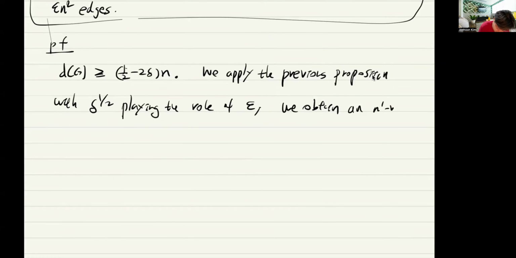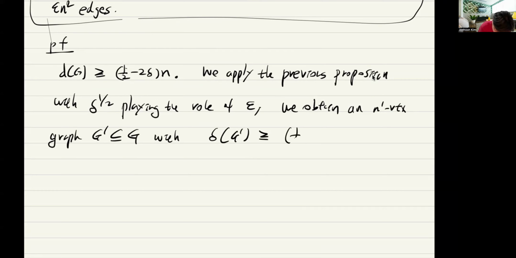We obtain an n prime vertex graph G prime, which is a subgraph of G, with minimum degree of G prime at least half minus 2 delta minus square root of delta, times n prime.